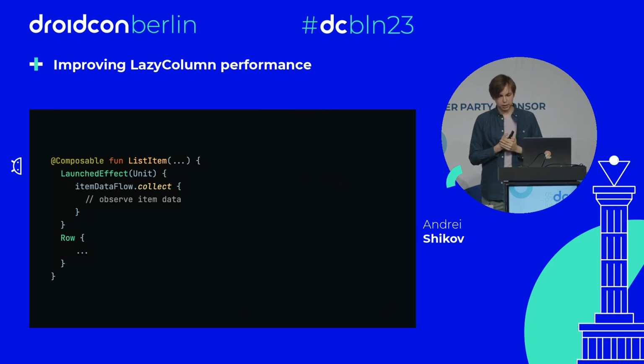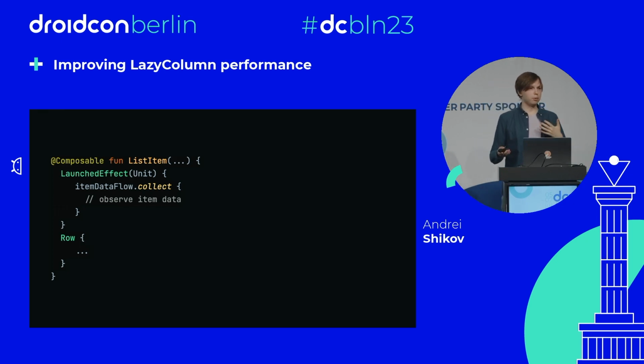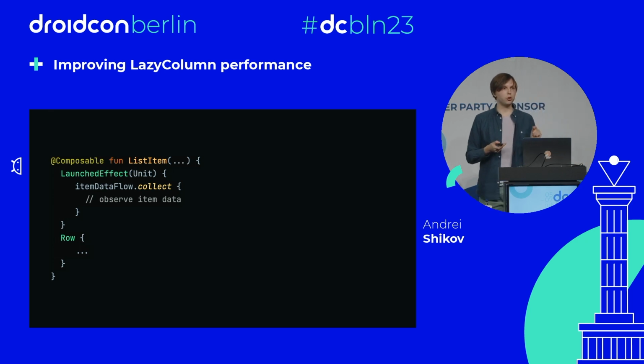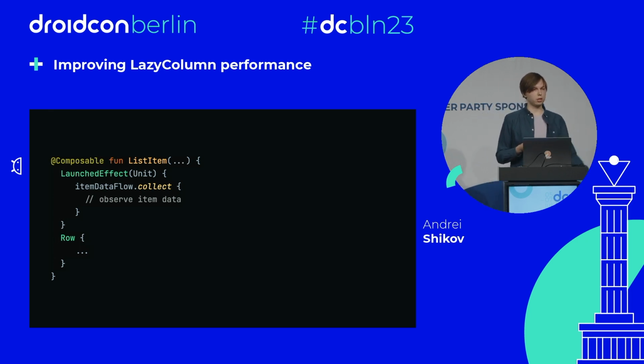And the problem with lazy reuse in particular is the effects. Sometimes we subscribe to some kind of data flow, or maybe we launch a video or something in this element, and we want to make sure that those things are disposed correctly.